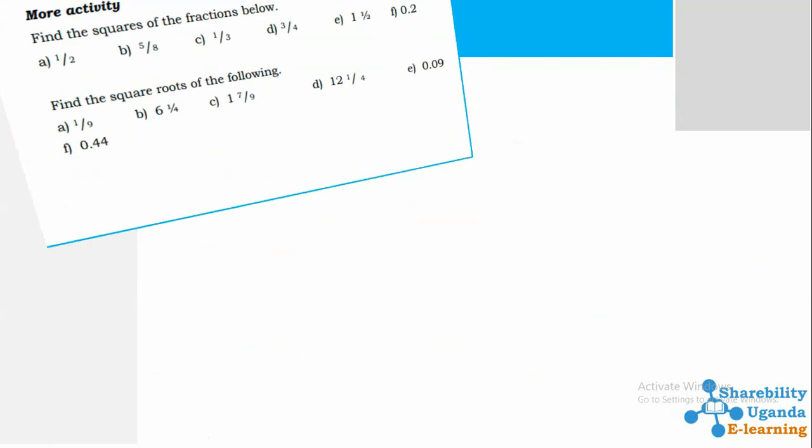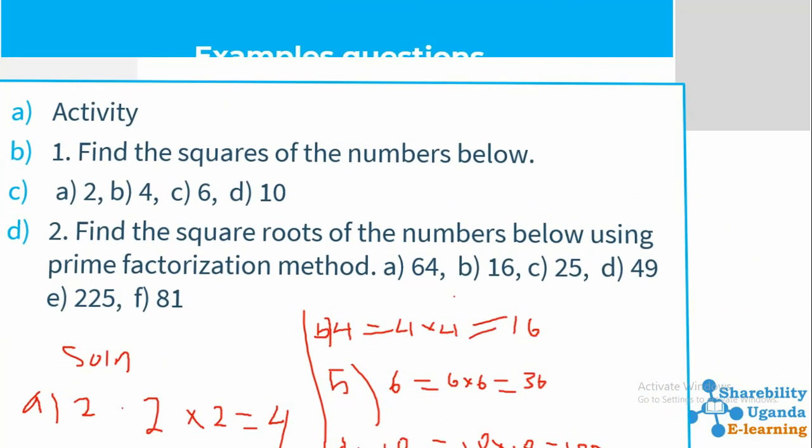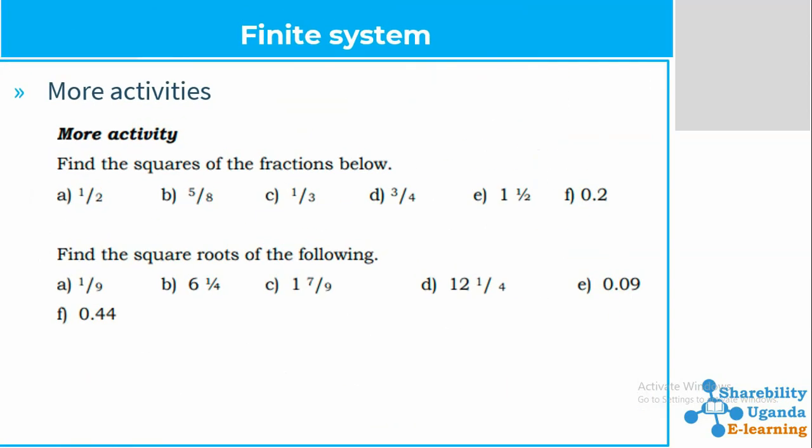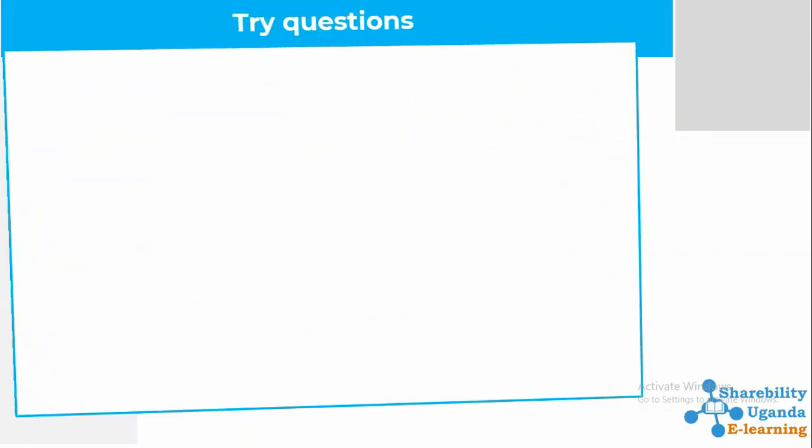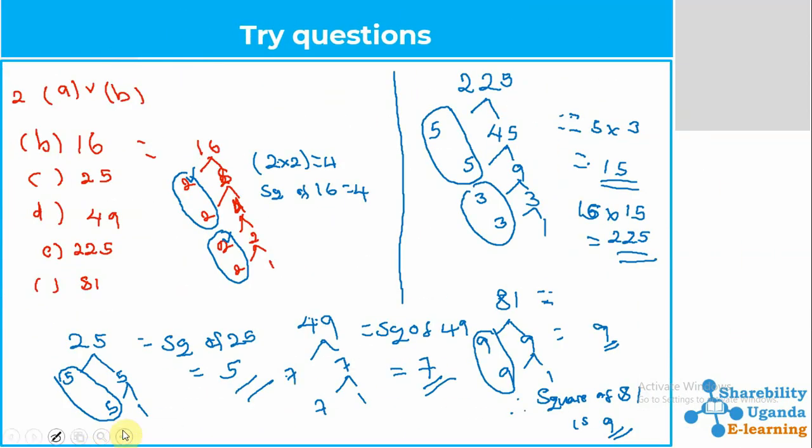So to make a recap of our lesson, what to put in mind is to ensure that we look out for the numbers that can multiply themselves to get the square root which is given, or you use these methods that we have tried, a factor tree method or a ladder method. You can be able now to come up with the correct answer.